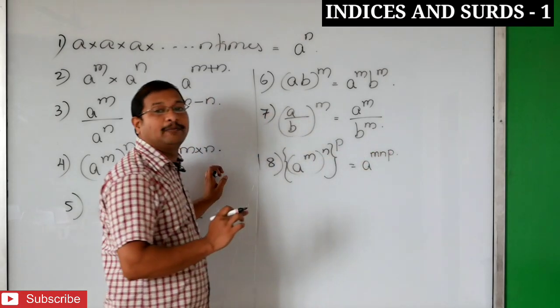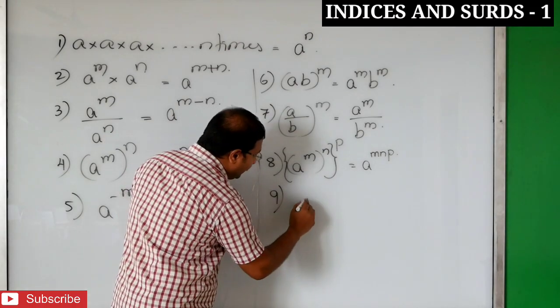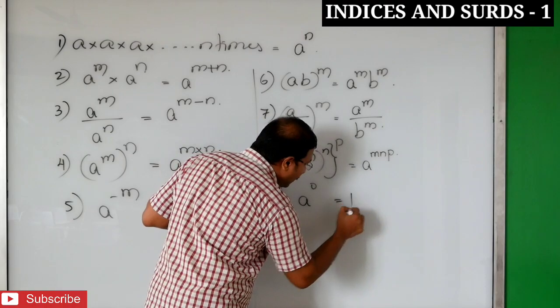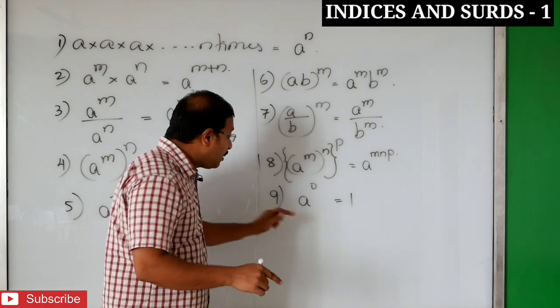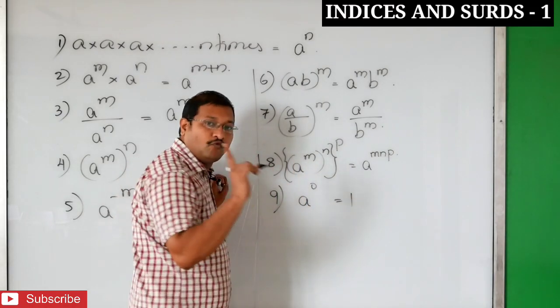All the powers will multiply. Ready? Now 9: a raised to 0 equals 1. That means any number raised to 0 is 1. Careful, a raised to 0 is 1.